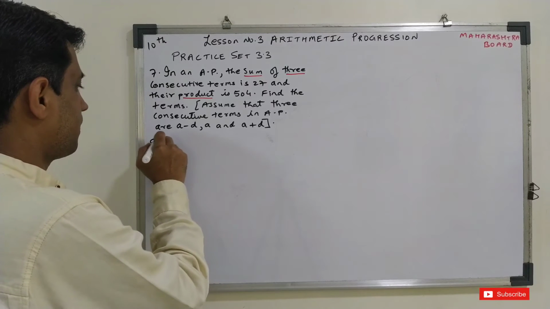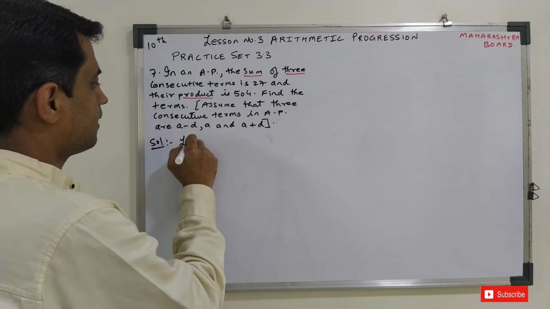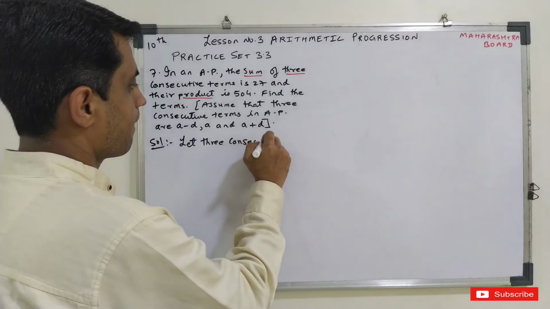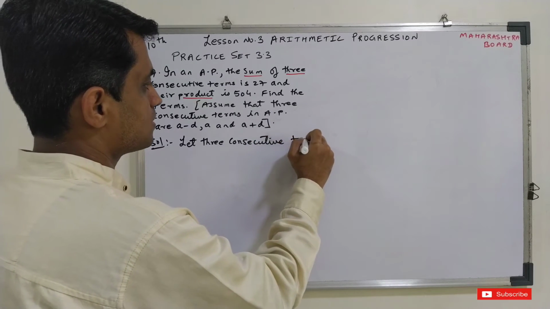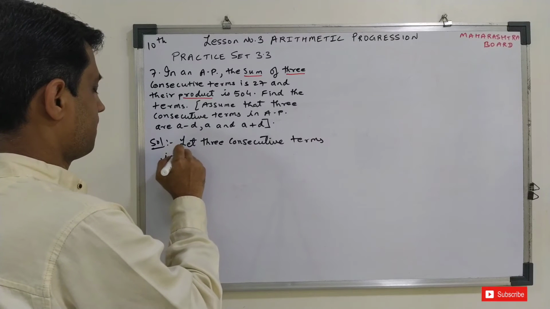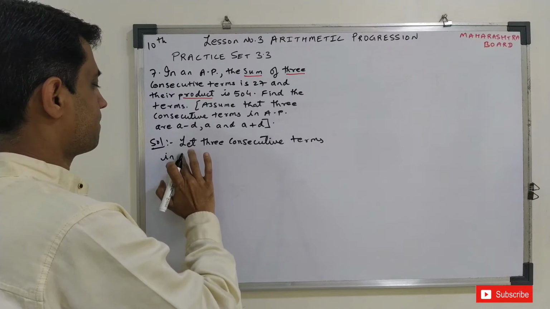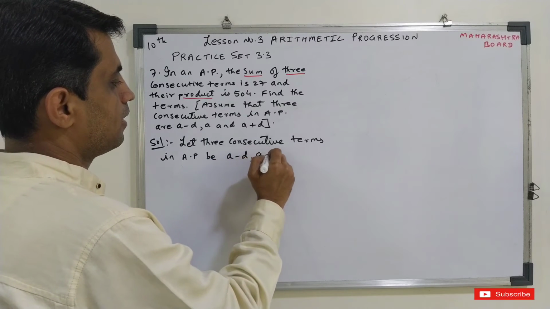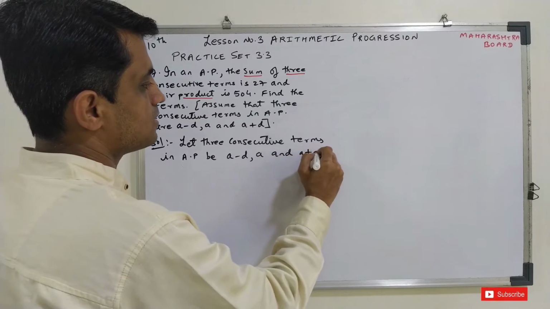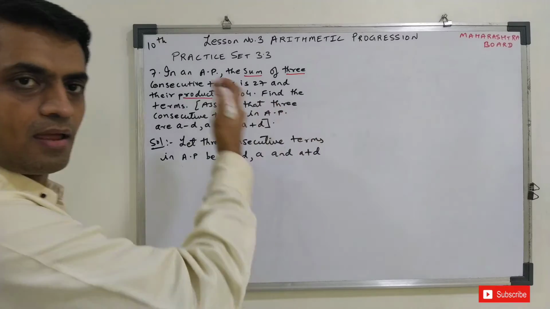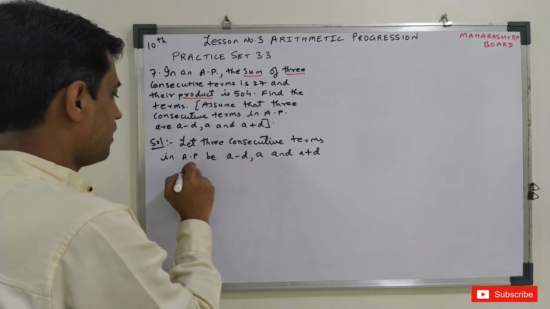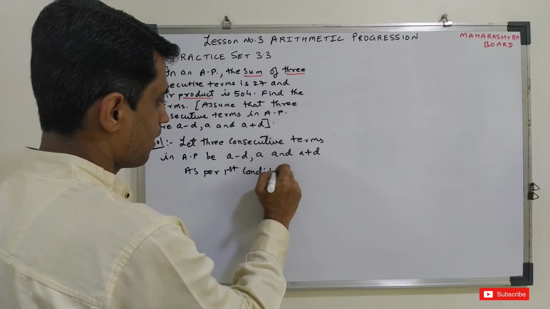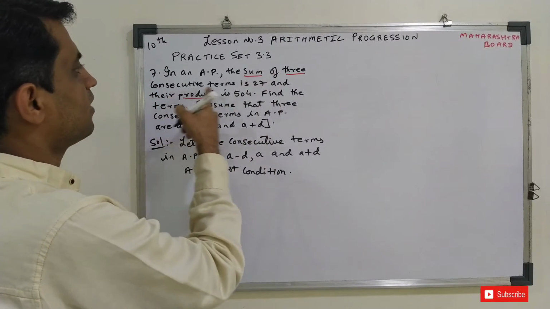So first of all, we will assume let 3 consecutive terms in AP be A minus D, A and A plus D. Now as per the first condition, the sum of the three consecutive terms is 27.